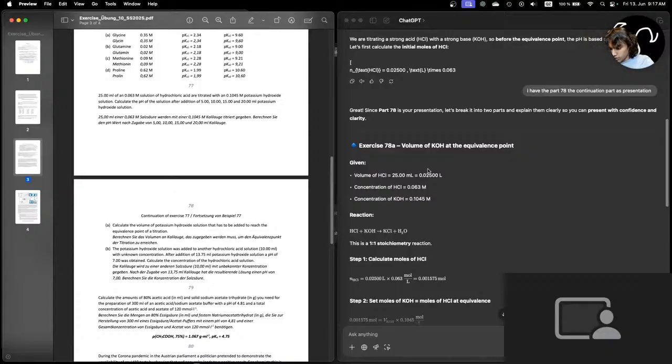Equivalence point is the stage in titration in which the amount or moles of acid equals moles of base.